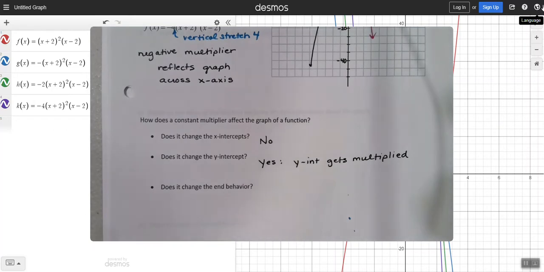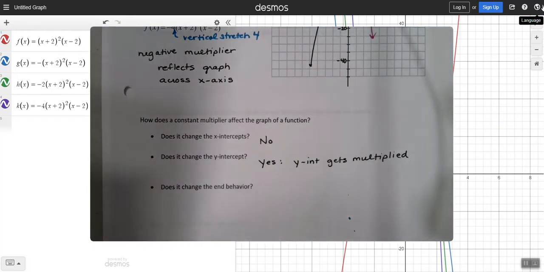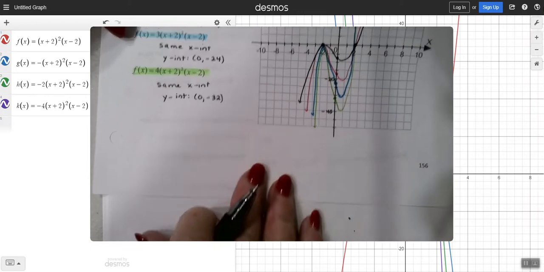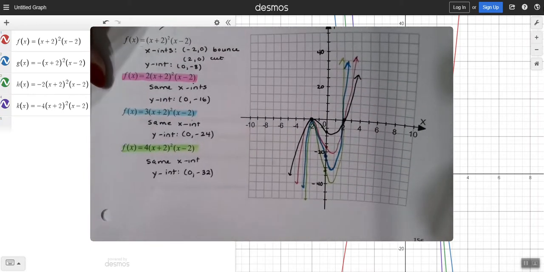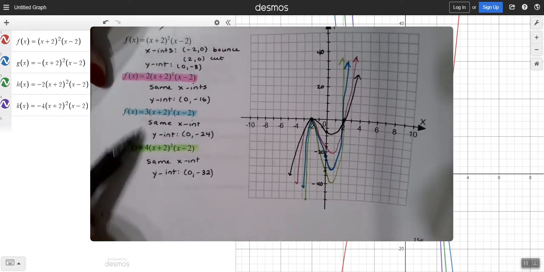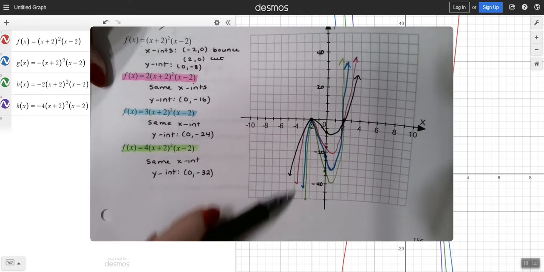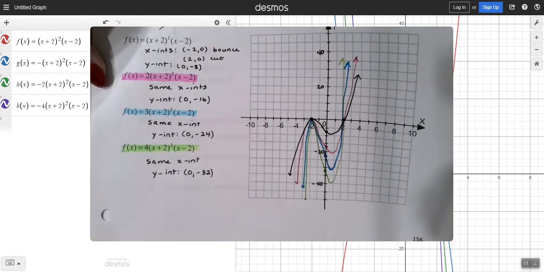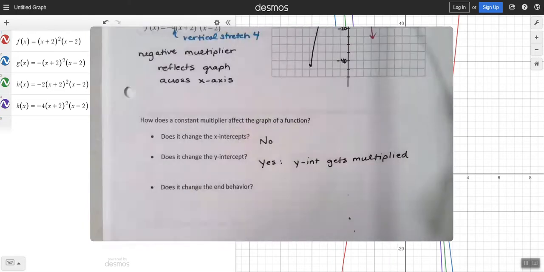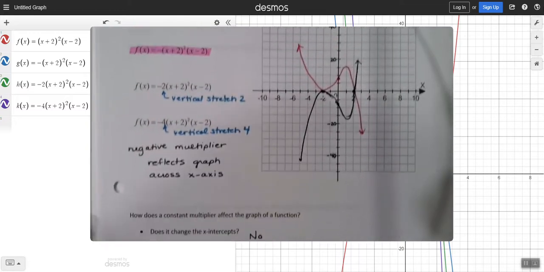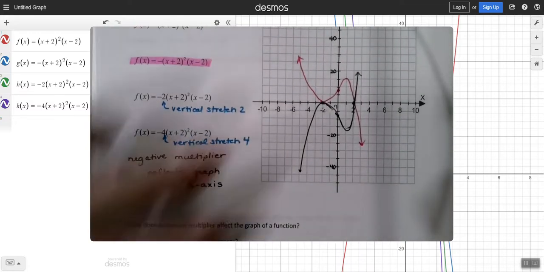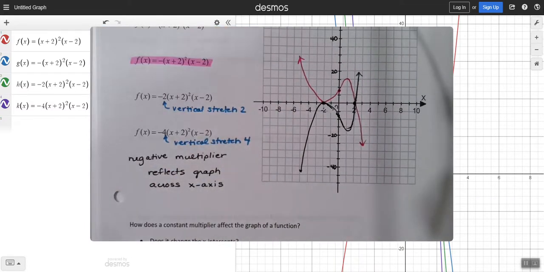Did it change the end behavior? Let's think about that for a little bit here. When we had a positive multiplier, like we did over here, notice the ends all still went down to the left and up to the right. But of course, when we had a negative multiplier, because it's flipped upside down, it did reverse the end behavior.